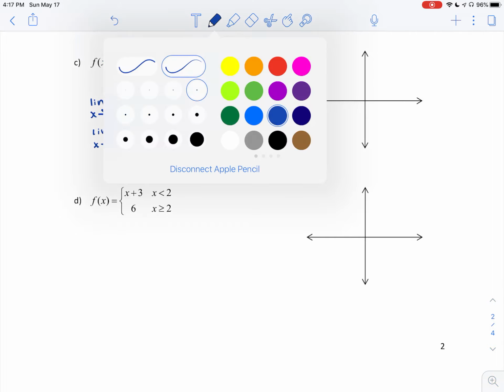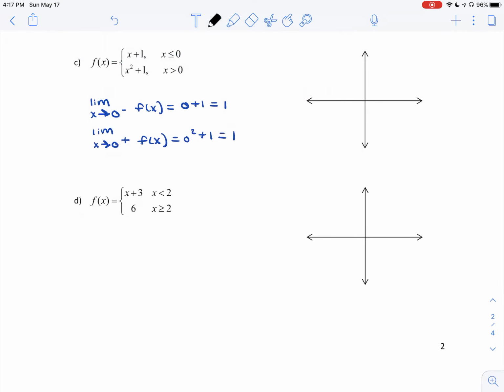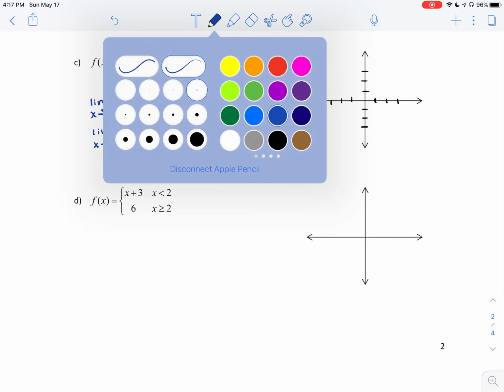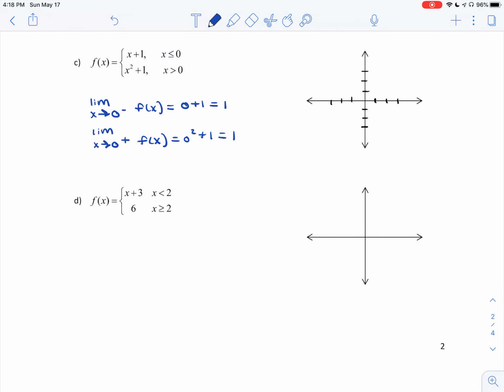All right, so what that's telling us then is that our function over here, if we sketch it out real quick, it's going to look something like this. So the first half of our graph, x plus 1, just linear, will look something like that. And we just found that the limit as x approaches 0 from the left is 1, so it ends right here at 0, 1.